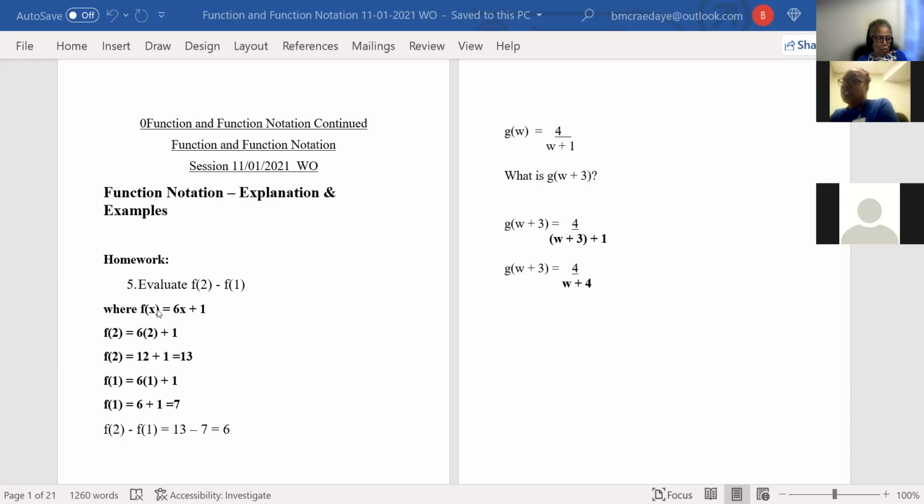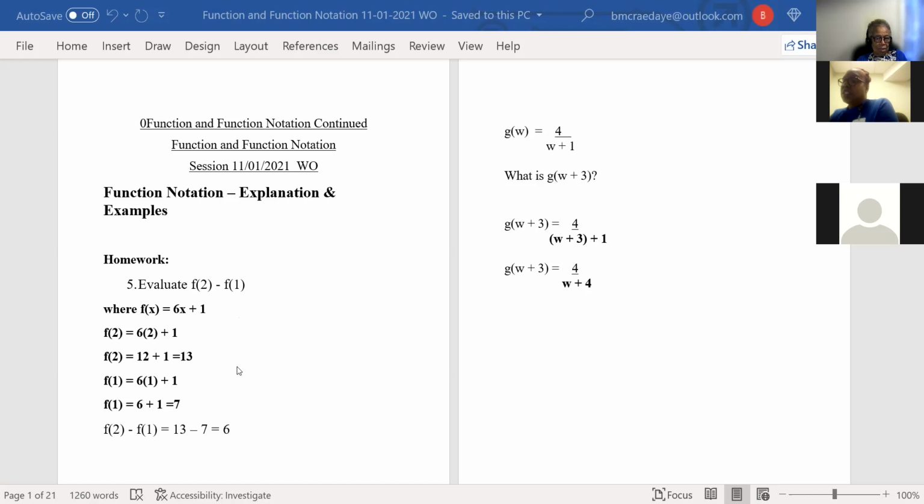So f of 2 is 6 times 2, which is 12, plus 1, that's 13. F of 1 is 6 times 1 plus 1, and 6 plus 1 is 7. Then we subtract them: f of 2, which is 13, minus f of 1, which is 7. 7 from 13 is 6, and that's your answer.